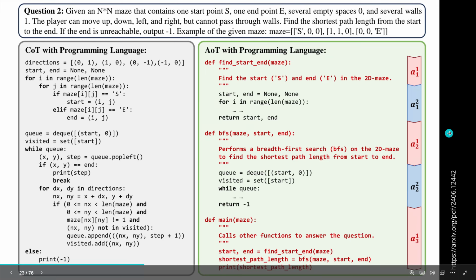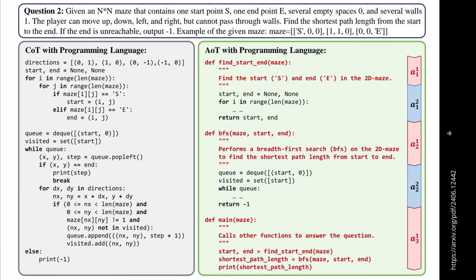But the nice point is also that you can do this with code. Here on the left side, you see the chain of thought augmentation, and here on the right side, you see the abstraction of thought for this task. As you can see, the abstraction, for example, performs a breadth first search on the two-dimensional maze to find the shortest path length from start to end.